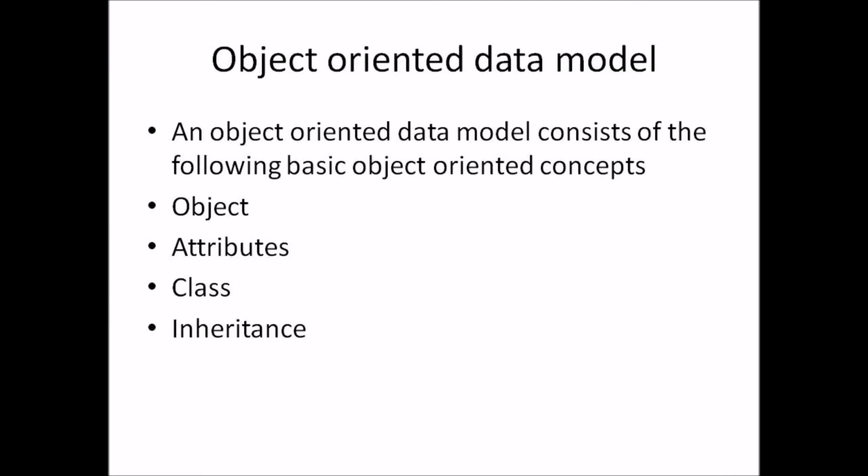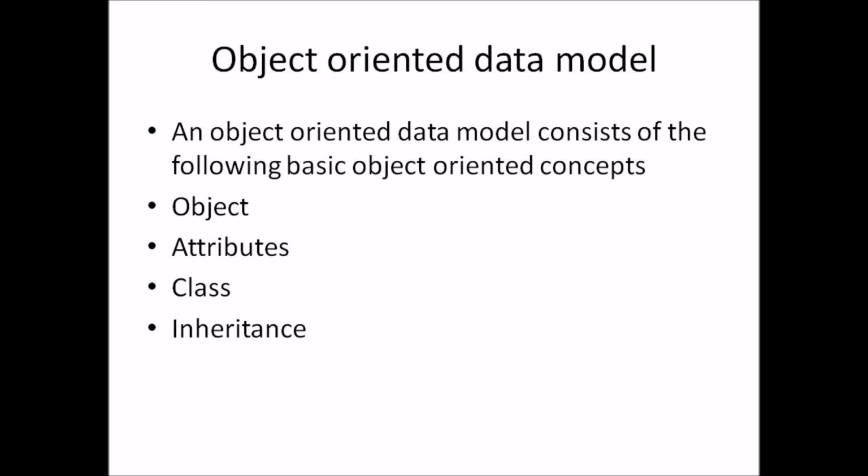Now let us look at what is called the object-oriented data model. An object-oriented data model consists of the following basic object-oriented concepts: object, attribute, method, class and inheritance. As you all know, an object is any real world entity. An attribute is basically the characteristic, or you can say the property, of the object. Method can be understood as the behavior of the object.